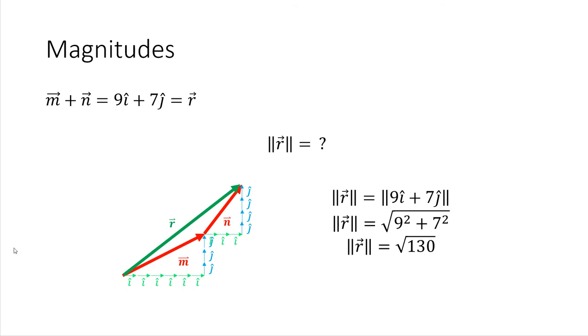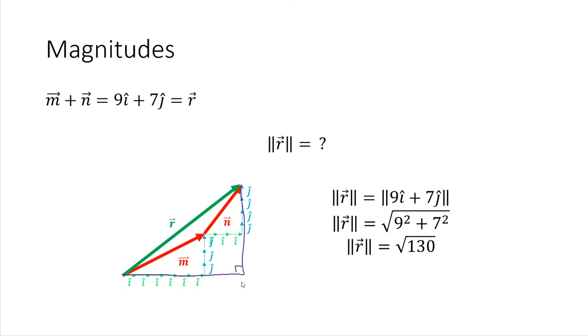Now, same deal with magnitudes. If I wanted to know the magnitude of vector r, it's not the magnitude of vector m plus the magnitude of vector n. That's not the case at all. What it is, if you take all the i hats, imagine there's this larger right triangle here. So what's the Pythagorean theorem here?